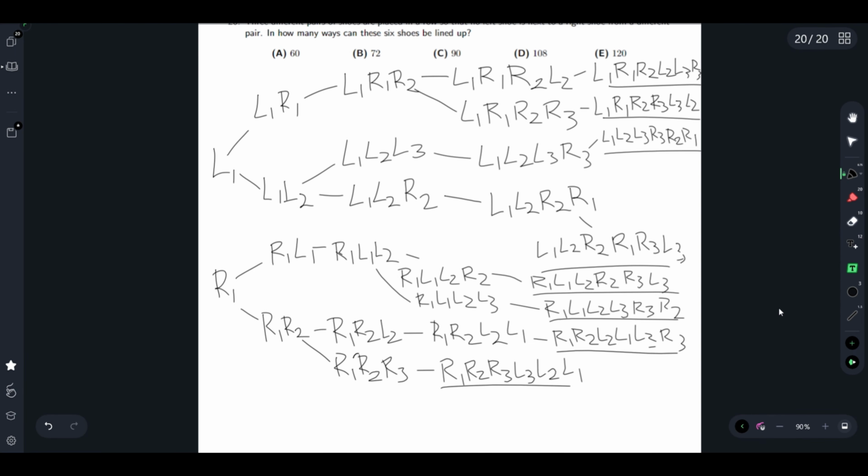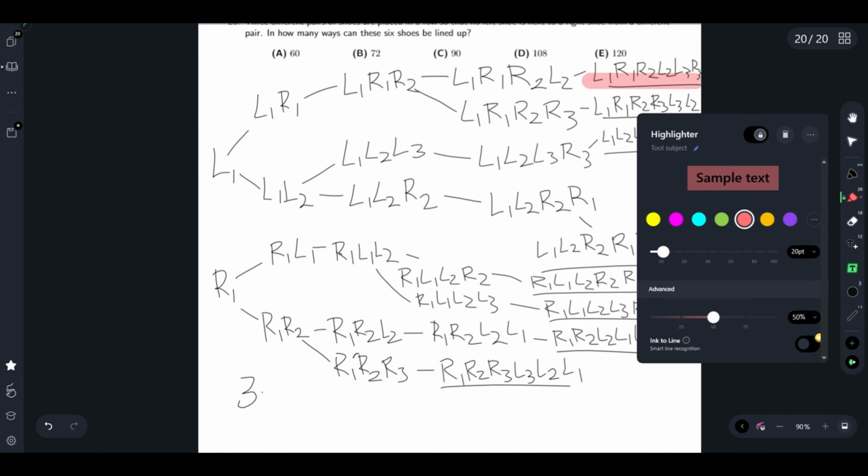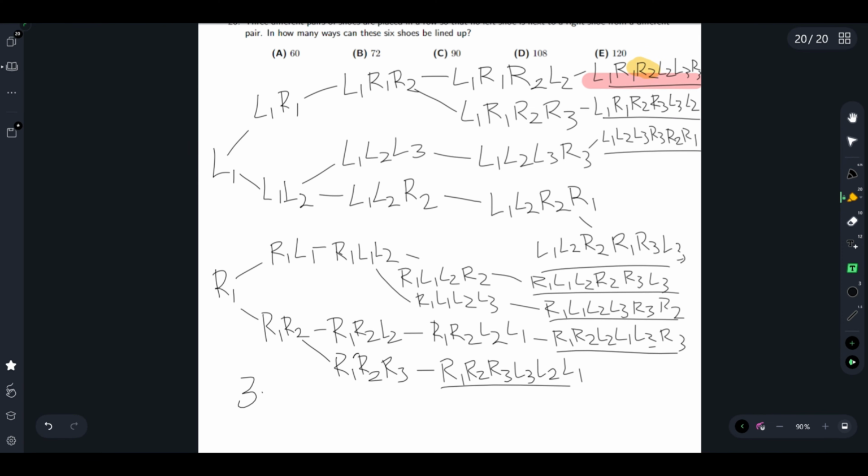So what we do is start counting the possibilities. So for this case, the possibilities are, well, we can choose any number for the first number. Doesn't have to be L1. R1 depends on L1. R2 and R3 can be interchanged because we can have R2 first or R3 first.